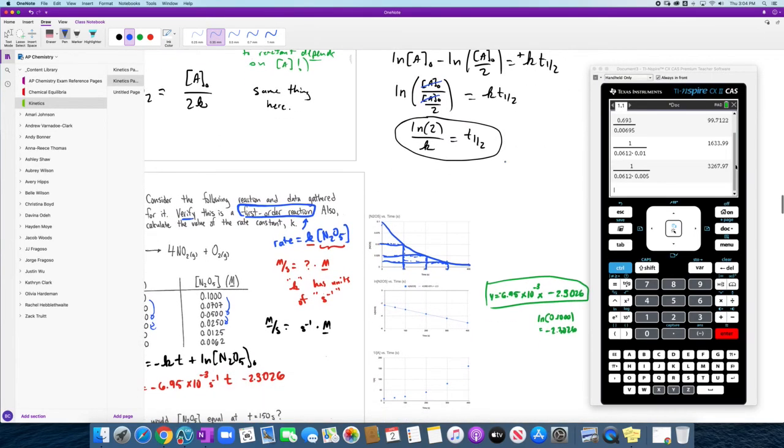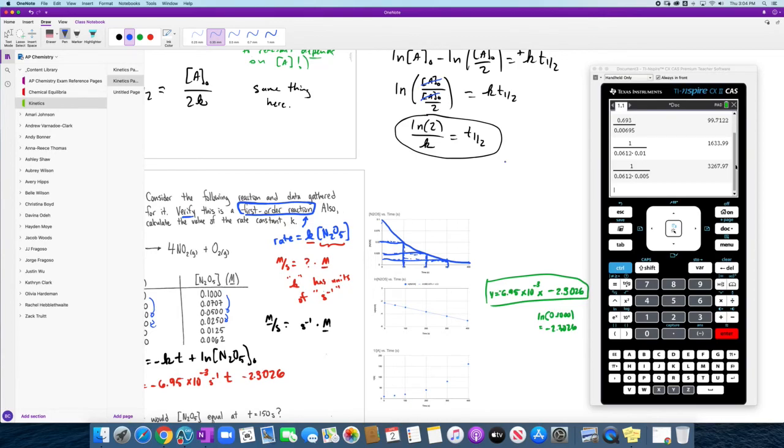If you think about the rate law itself, the rate is directly proportional to the concentration. Okay, but there is an inverse relationship kind of hiding in here, and that's with time. Okay, so the concentration and time have an inversely proportional relationship.